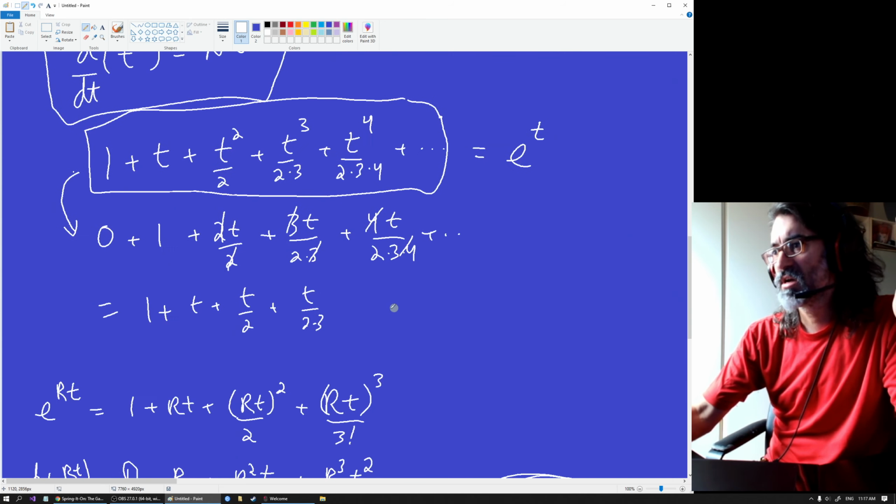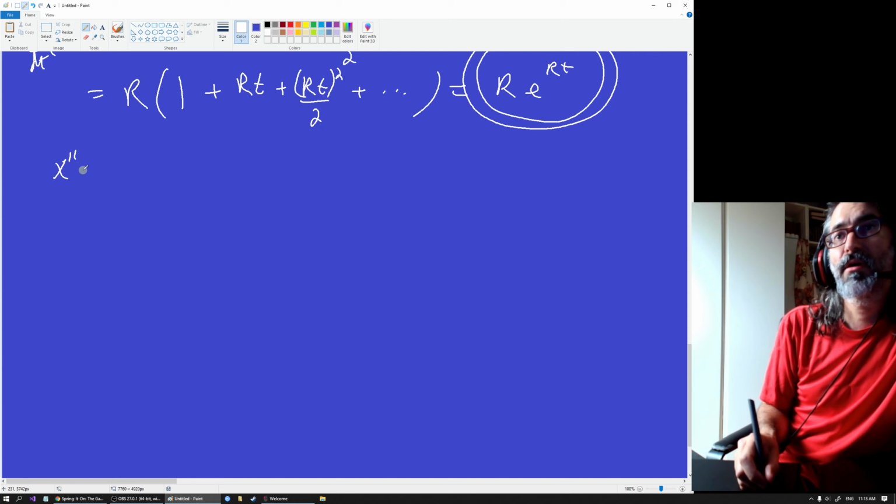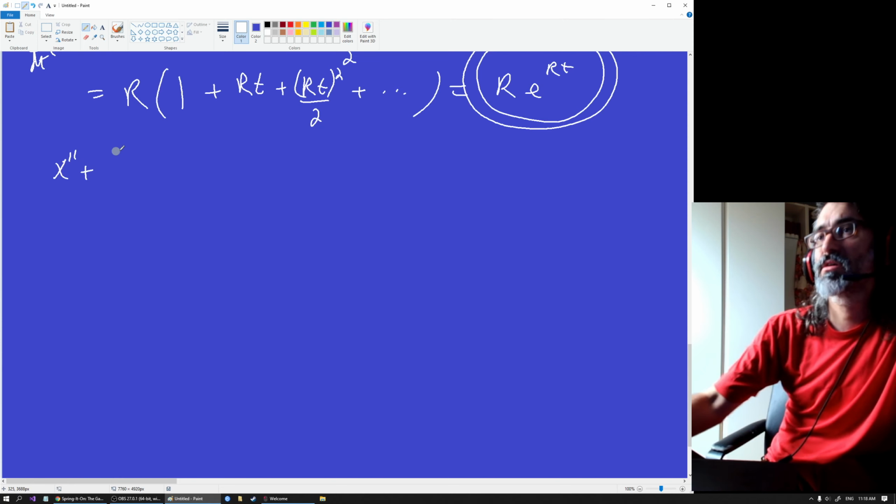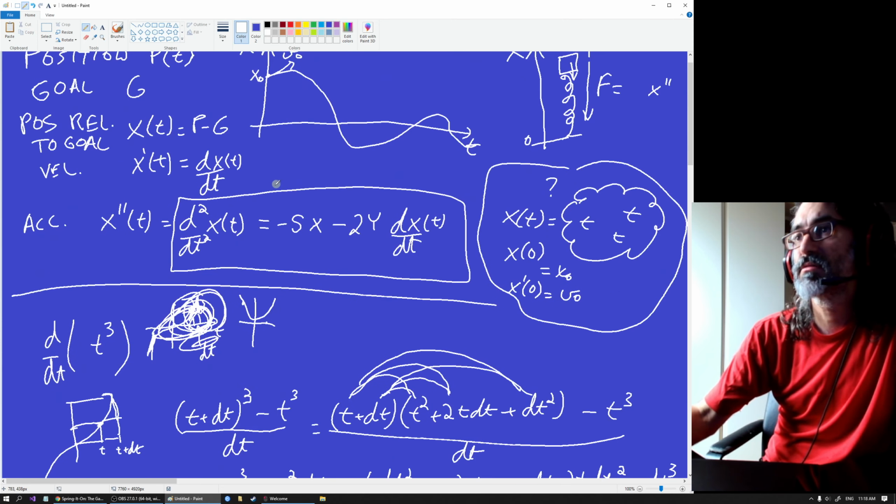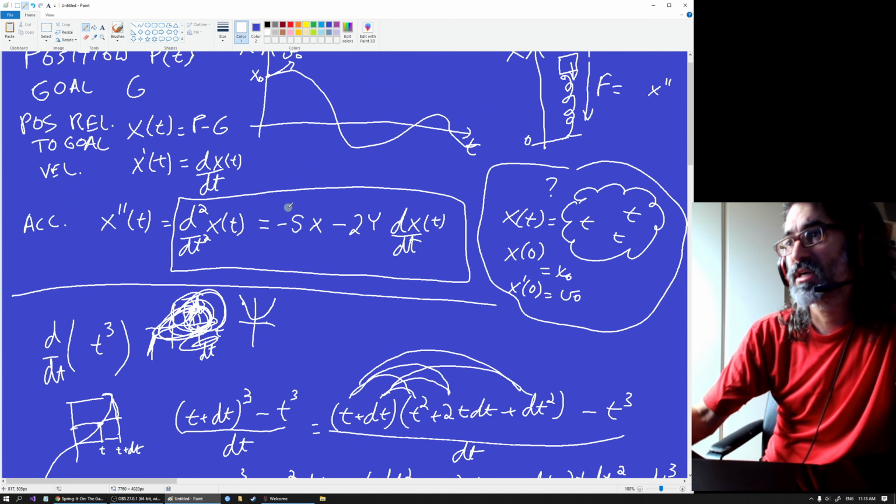I'm going to rewrite this here. That's what we try to solve, x prime prime plus, I'm going to bring those to the other side and say equals 0 instead. So the minus here is going to become positive.